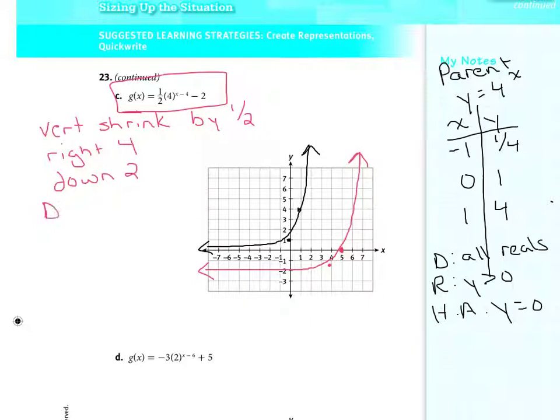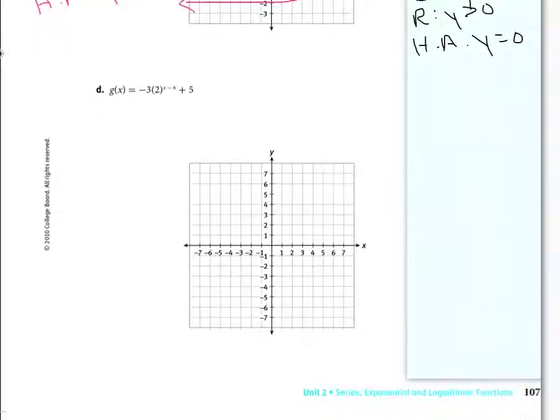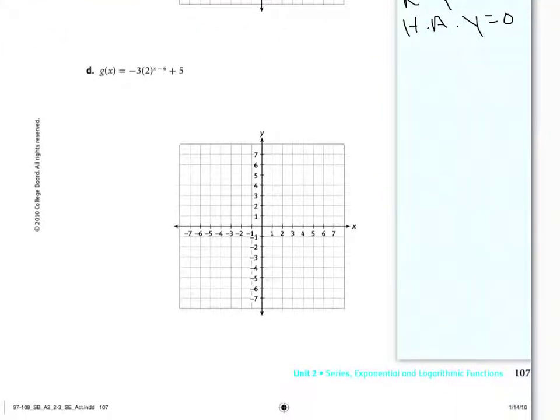So our domain is still all real numbers. But since we moved down 2, that changes our range. The y value is greater than negative 2. We have a horizontal asymptote when y equals negative 2. Part D. What's the parent function?